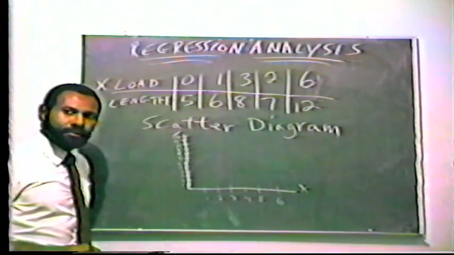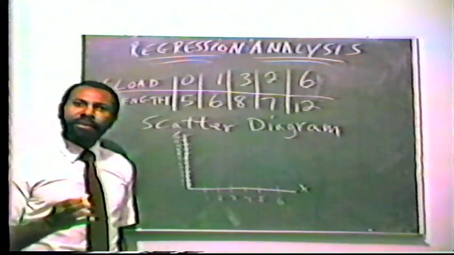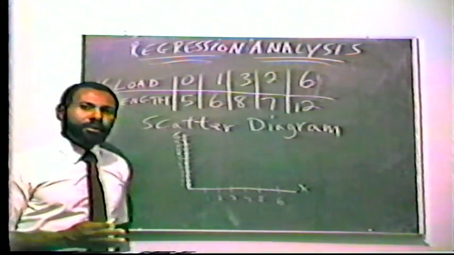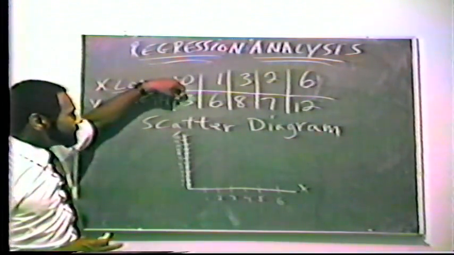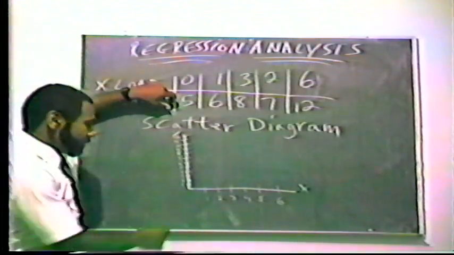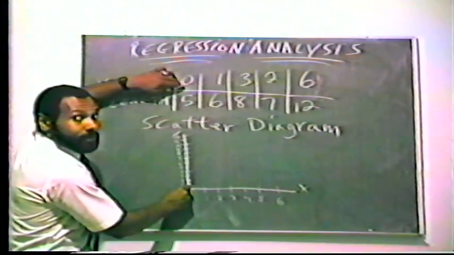The next thing I do, I graph my points, just like you did back in your previous math classes. You look at your points. For the first point, x is 0, y is 5. So you start here at the origin. 0 represents x.